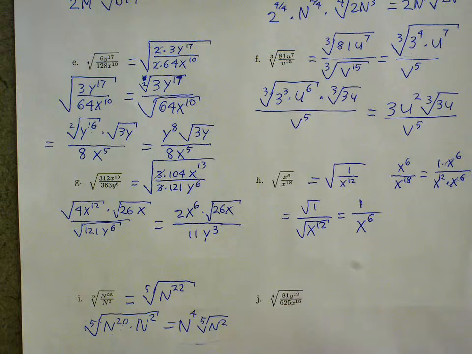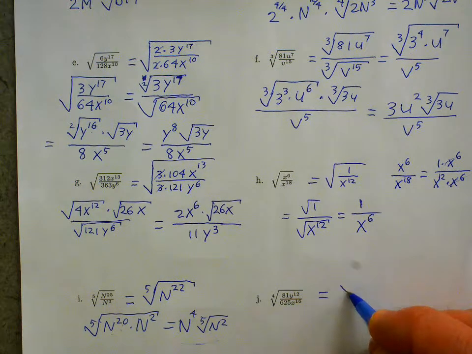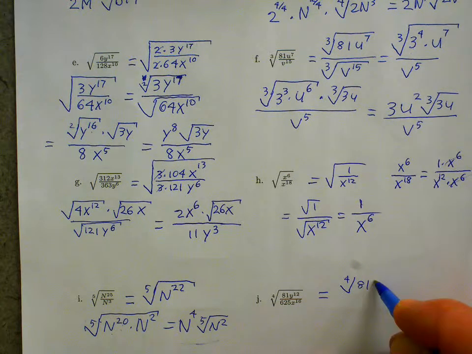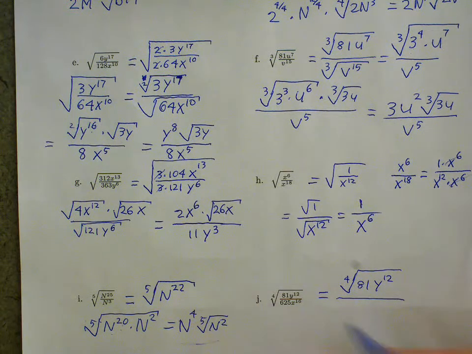And we have a few seconds left. The 4th root of 81y to the 12th in the numerator divided by the 4th root of 625x to the 16th in the denominator. Well, everything in sight is a perfect fourth power.